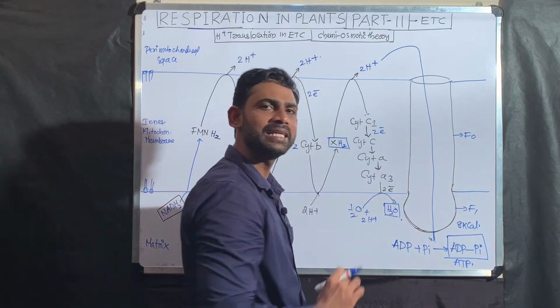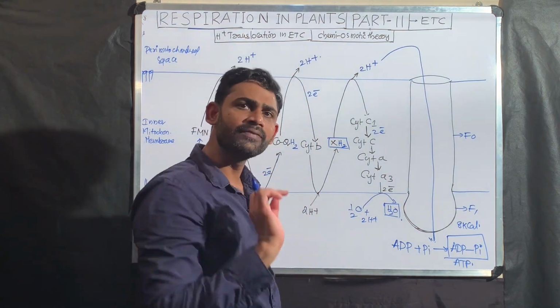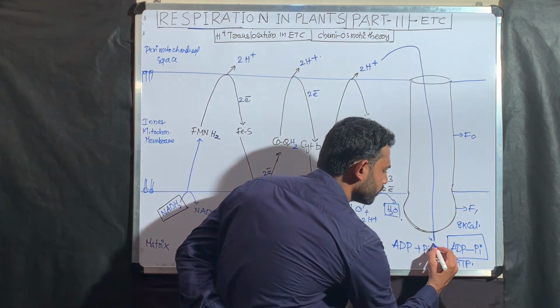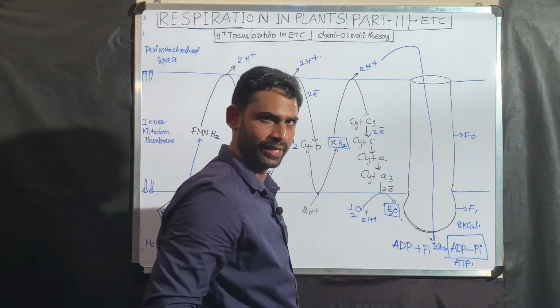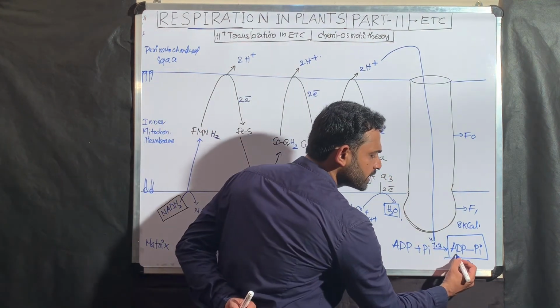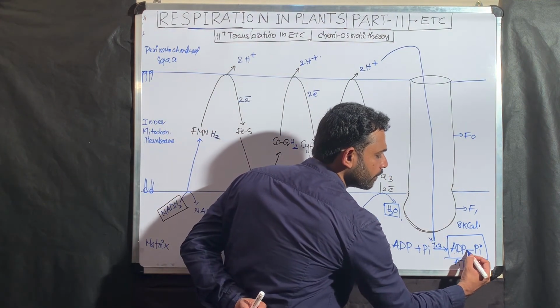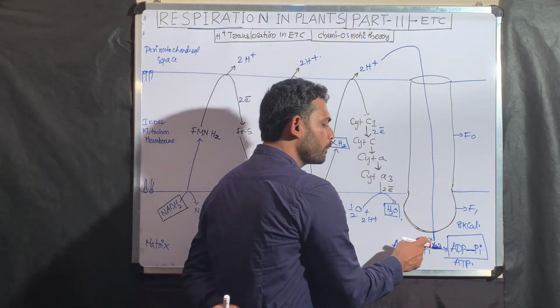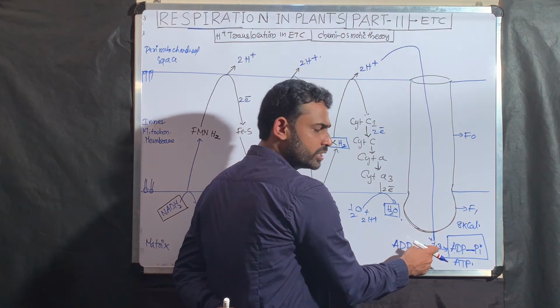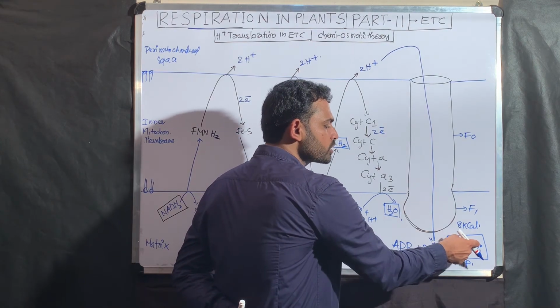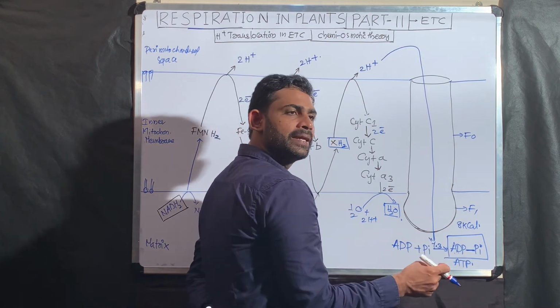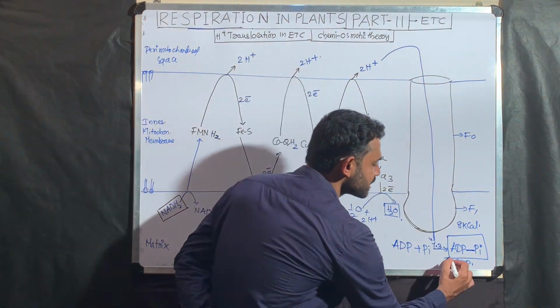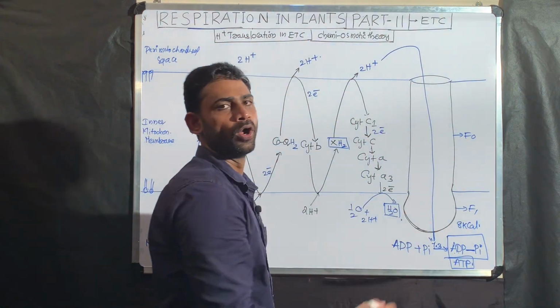Out of 8 kilocalories, 7.3 kilocalories are used for forming the bond between ADP and Pi. What is the name of this bond? Phosphoanhydride bond. So 7.3 kilocalories of energy is invested in the formation of the bond between ADP and Pi, that is a phosphoanhydride bond, resulting in the synthesis of one ATP molecule.